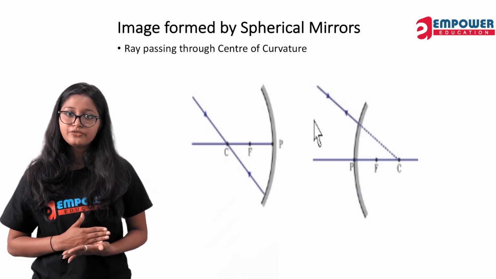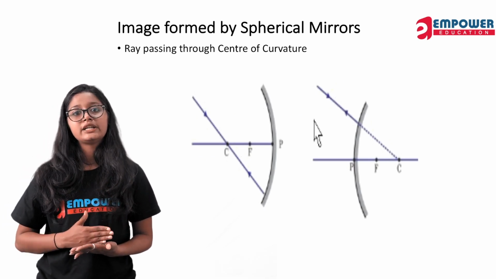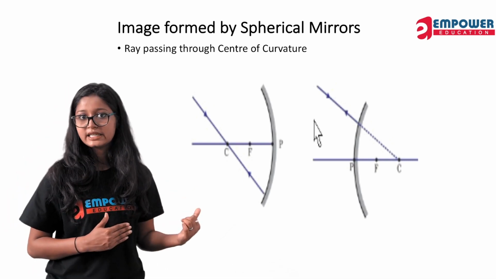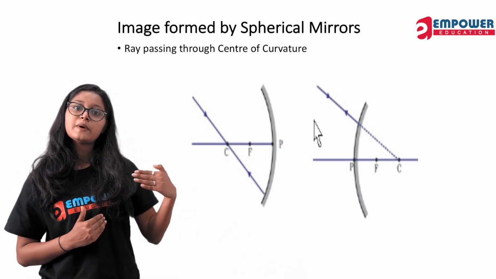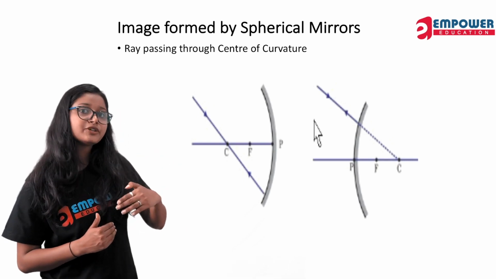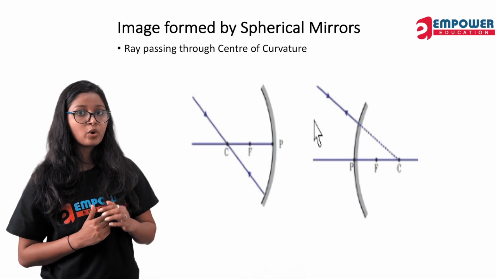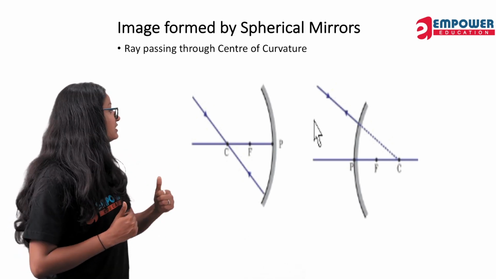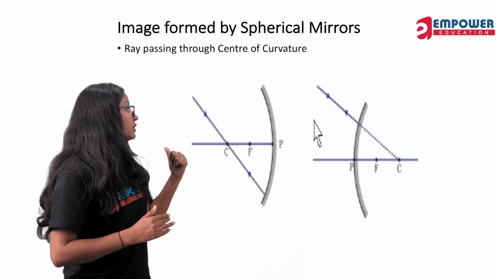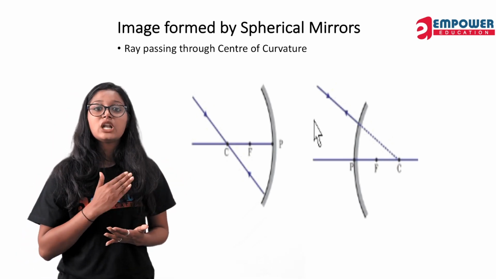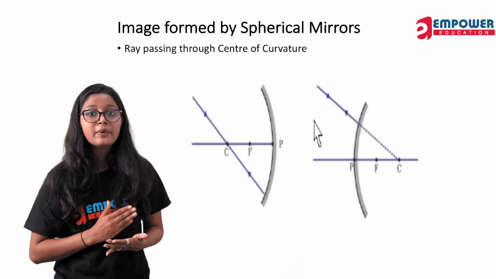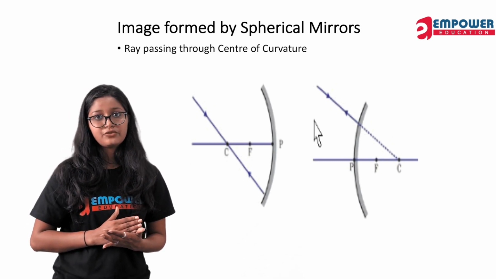Now, if a ray of light is passing through the center of curvature, that is point C in the diagram, you can see it clearly. If it is passing through the center of curvature, it will strike the reflecting surface at a point, and then you see the ray is traveling back in the same direction. So why is it traveling along the straight line? Because it is perpendicular to the reflecting surface.